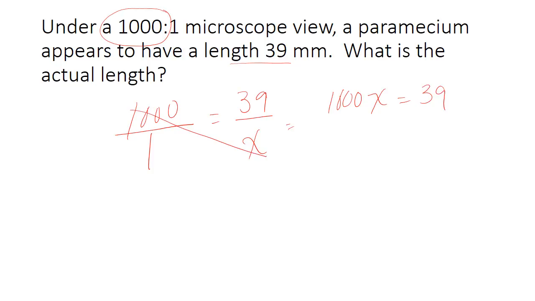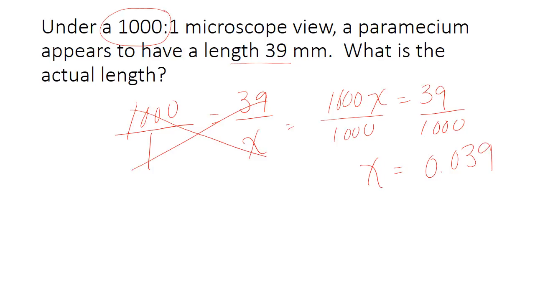So we do 1,000 times x, 1 times 39. Going to divide by 1,000. That's going to give me x is equal to 0.039 millimeters. It doesn't give us any other units than these millimeters, so we're going to keep the same millimeters.